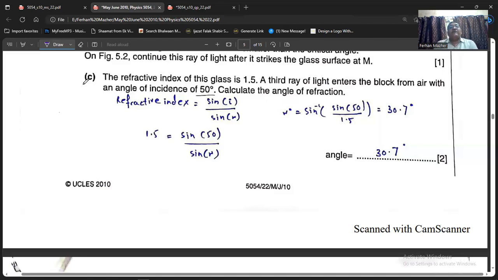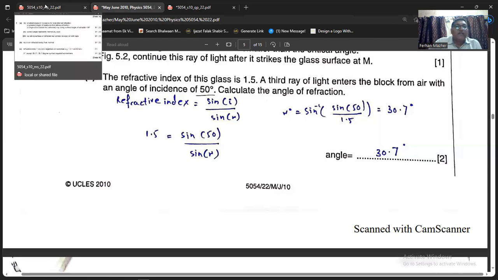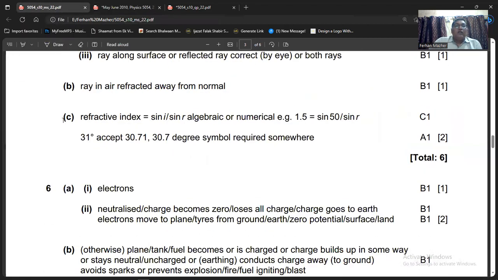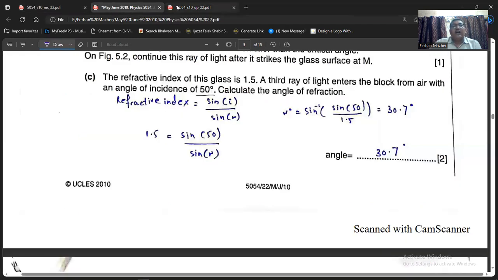So 1.5 equals sine 50 divided by sine r. So r will be equal to sine inverse of sine 50 divided by 1.5. Just enter these values in your calculator, you will get 30.7. So the angle of refraction will be 30.7, which is approximately 31. So our answer is right.